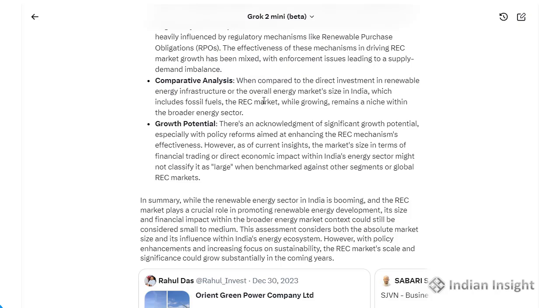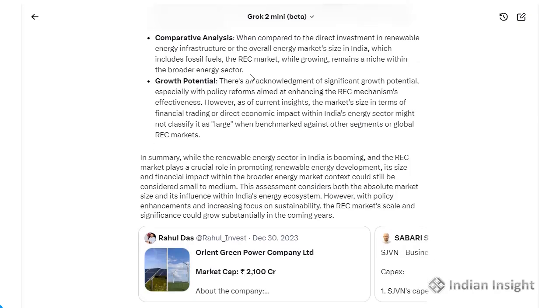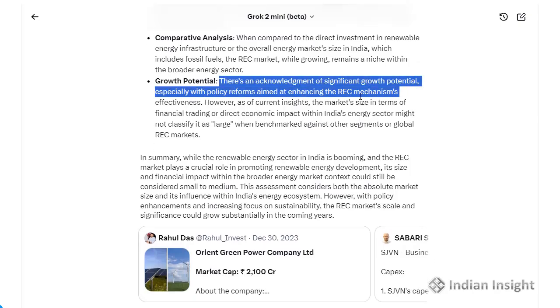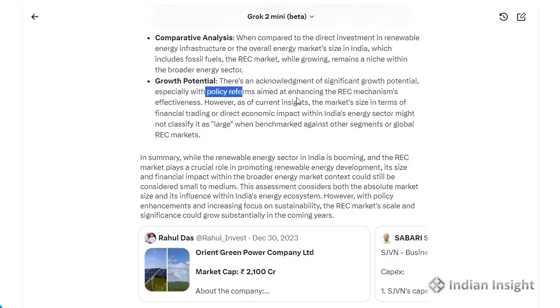So it's giving a very neutral commentary. It doesn't seem biased in any way. There is an acknowledgement of significant growth potential, especially with policy reforms. So basically, policy reforms will be needed to make it more effective.